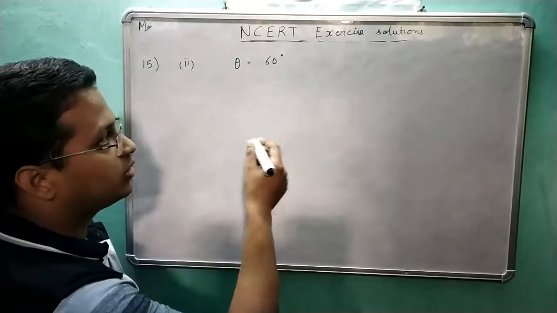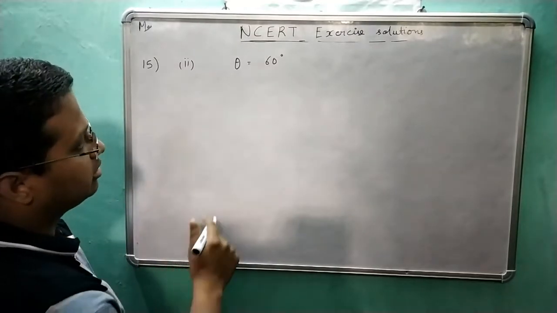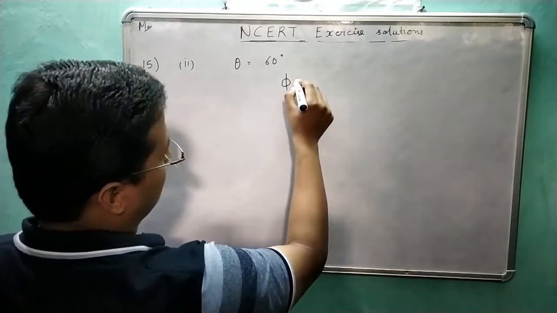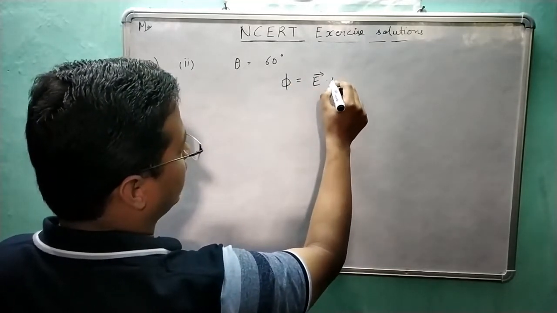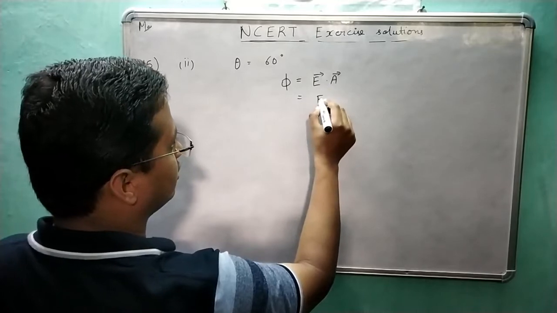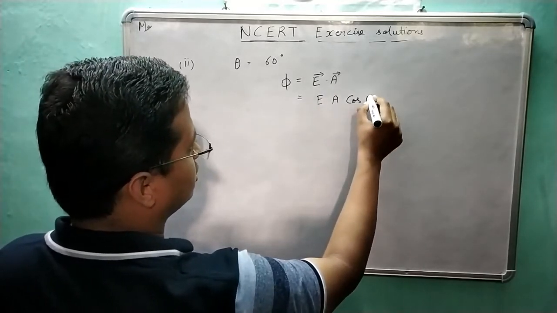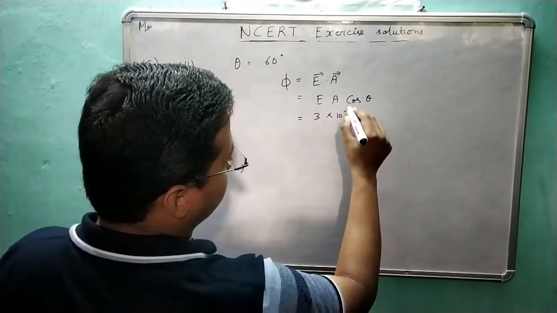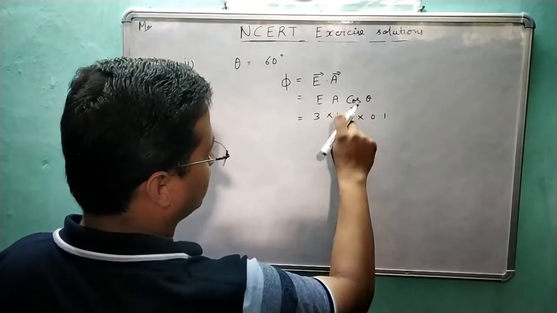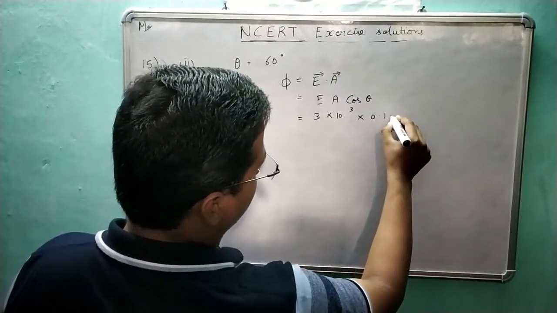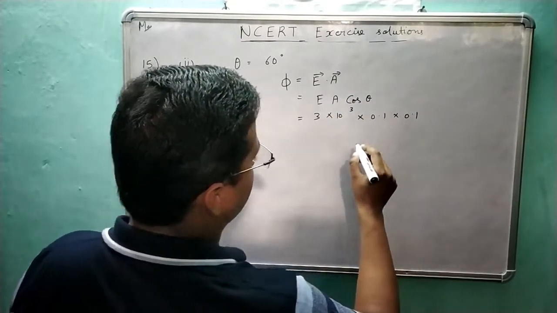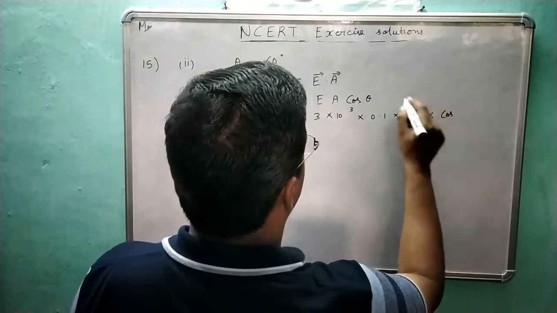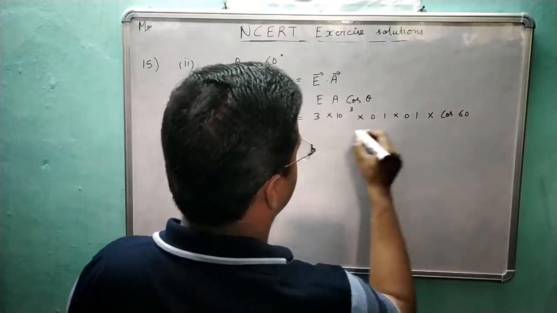In the next part of the same question, it is given that if the angle is 60 degree, then what will be the flux? As easy as it comes, phi is equal to E vector dot A vector. So EA cos theta. E is 3 into 10 to the power 3. Area is 0.1 into 0.1, because we have a square of side 10 centimeter, and theta is 60 degree, so cos 60.